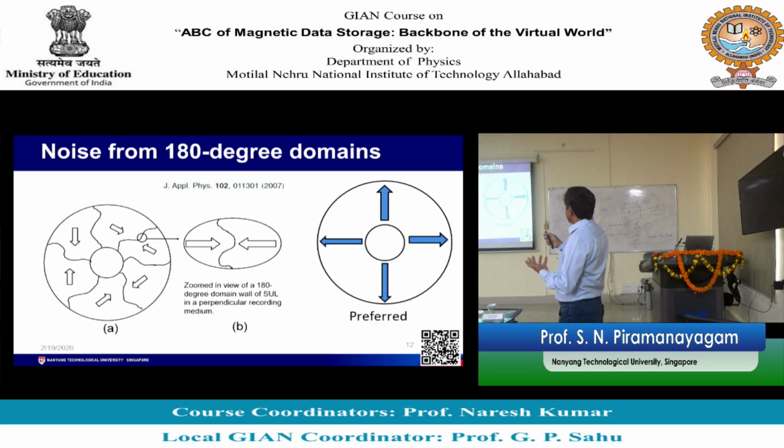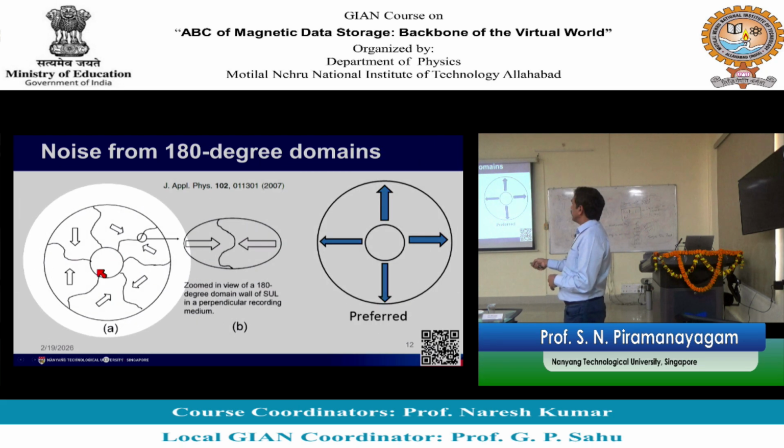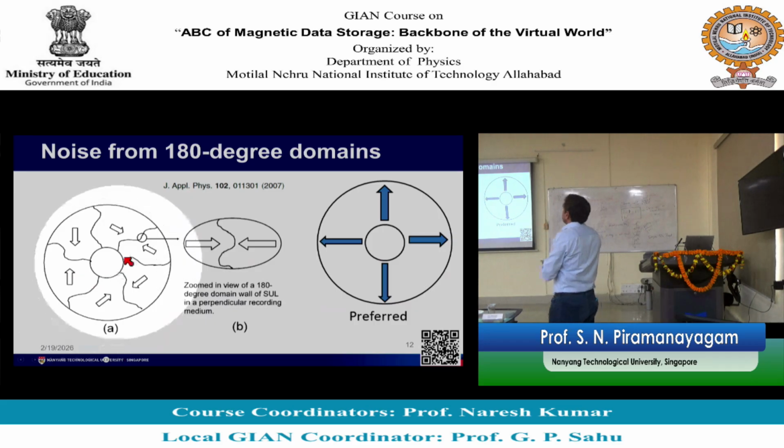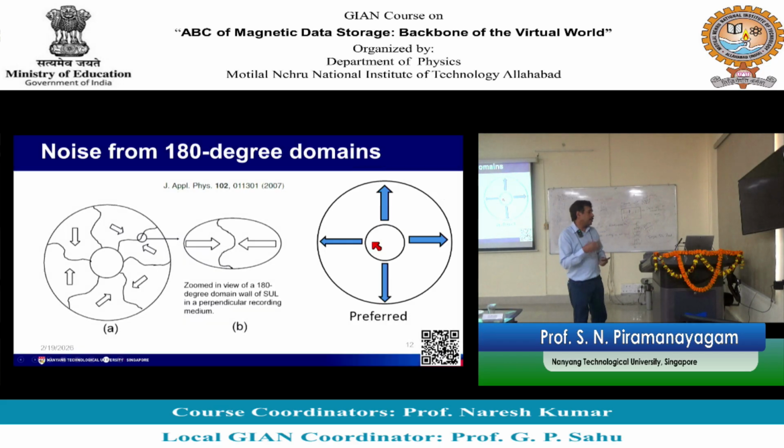So, that magnetic field can be designed in such a way that you can induce an anisotropy along the radial direction. Okay. So, if you somehow make the soft magnetic underlayer's anisotropy point along the radial direction, there will be no such domains. Okay. Then there is no noise. So, this is one approach. So, they solved this by the design of the magnetron.